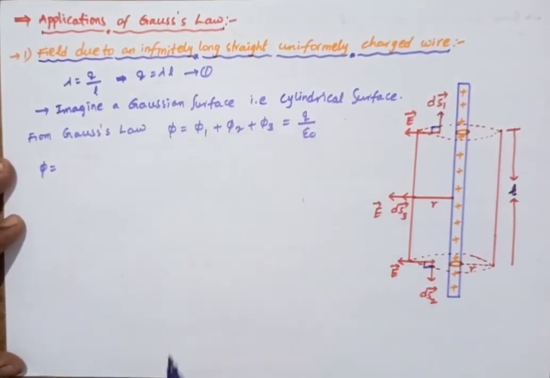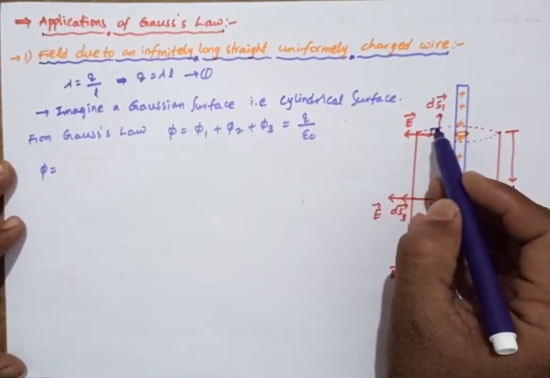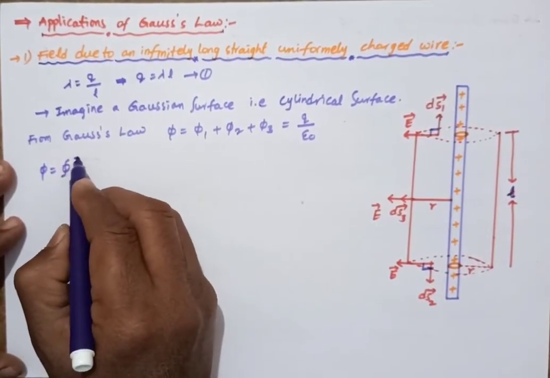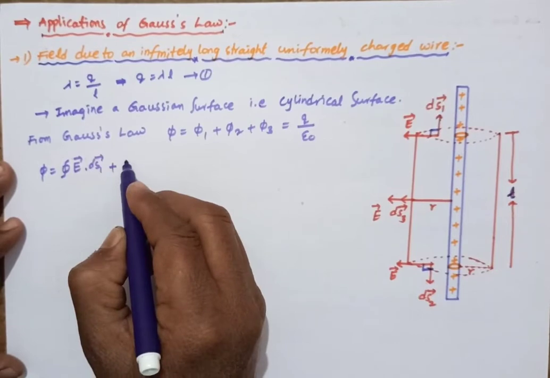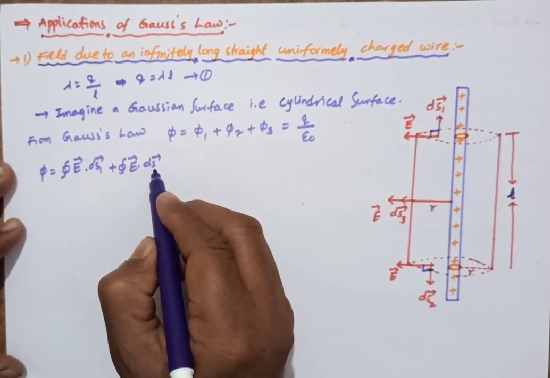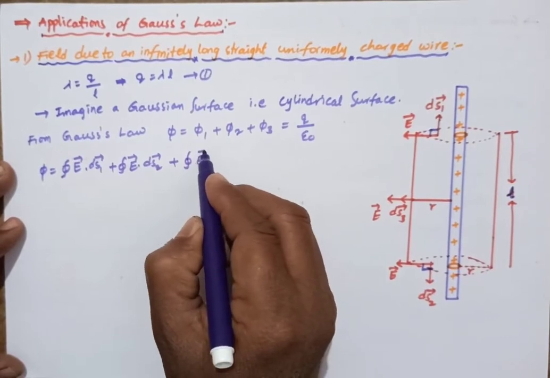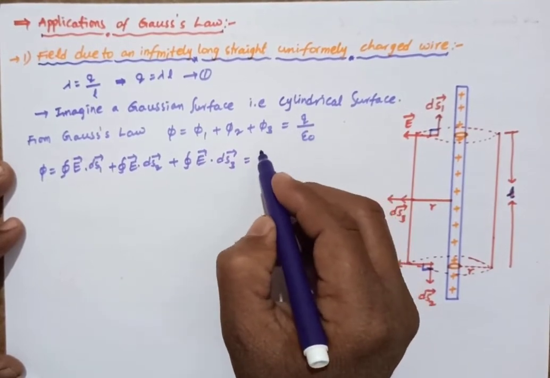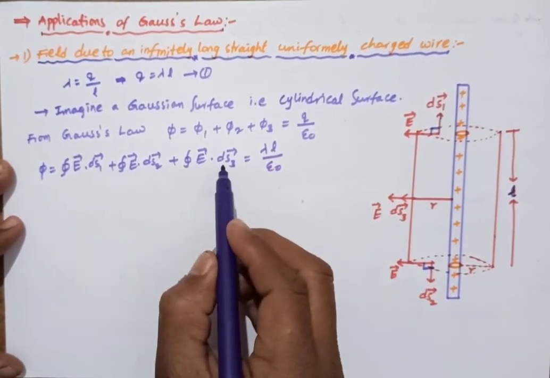Q equals lambda L, so we can substitute Q equals lambda L. So phi equals the closed integral of E dot ds1 plus the closed integral of E dot ds2 plus the closed integral of E dot ds3 equals lambda L by epsilon naught.